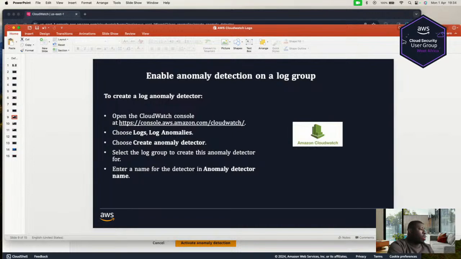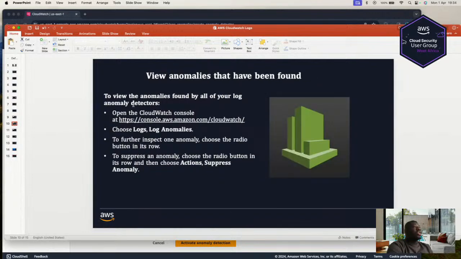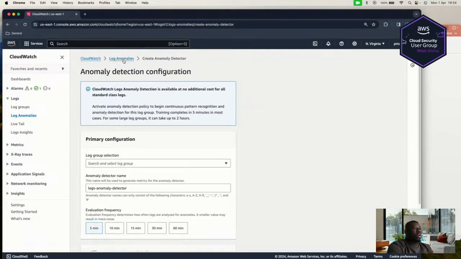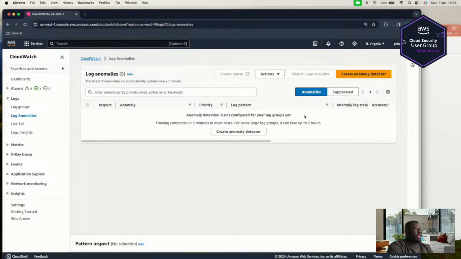All right. So the next thing is to view an anomaly that has been found. Basically, it's just the same thing I've explained here. Once your log anomaly has been created, you would see here the anomaly that has been detected.